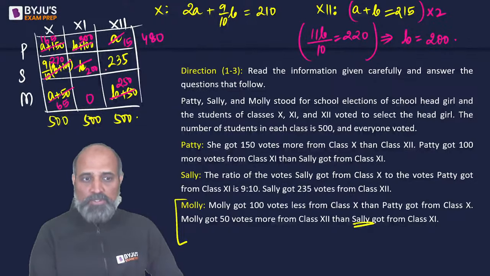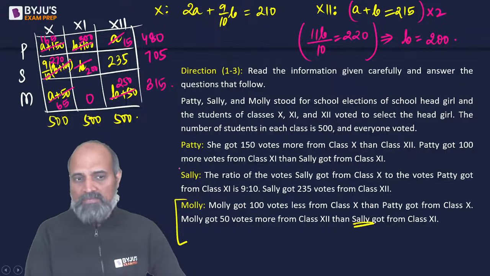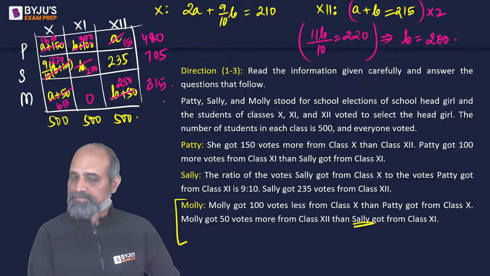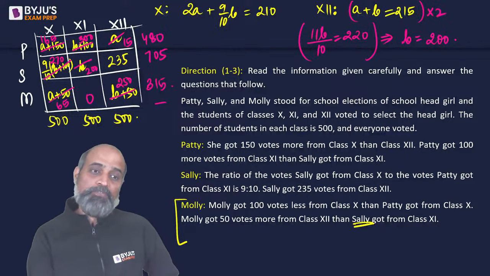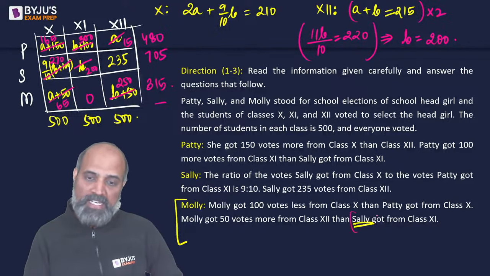Sally has received a total of 705 and Molly has received a total of 315. Sum is 1500. Okay, so I was making the mistake of writing B plus 150 for Polly, whereas that is given about Sally.